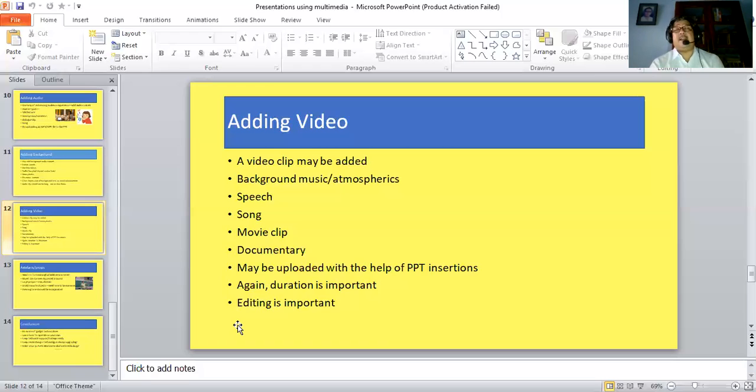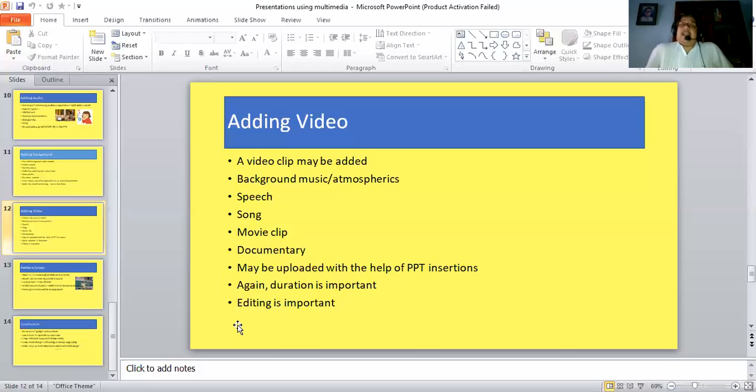If I have too long an audiovisual file, the problem will be that the audience will get impatient or frustrated. You'll be losing your audience rather than gaining them if you use a video clip which is too long.